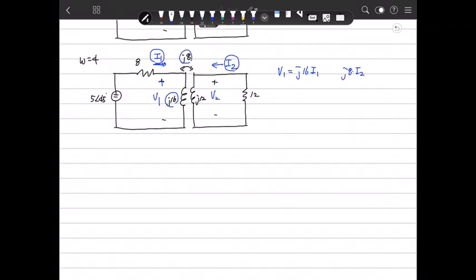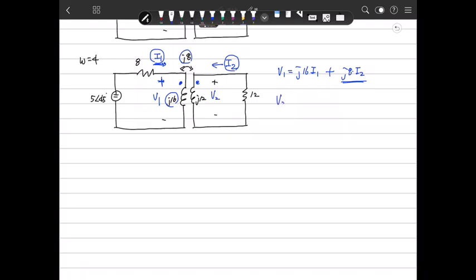We need to figure out the direction of that. I2 is going into that. So the product of that is that this is positive, but this is positive, so this is positive.